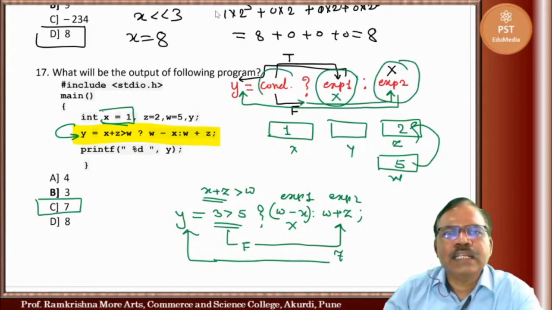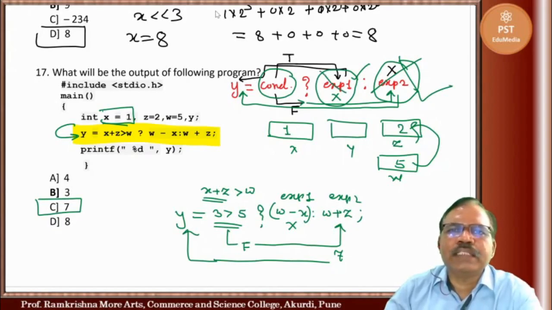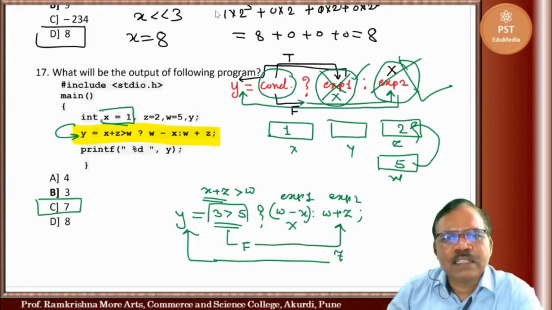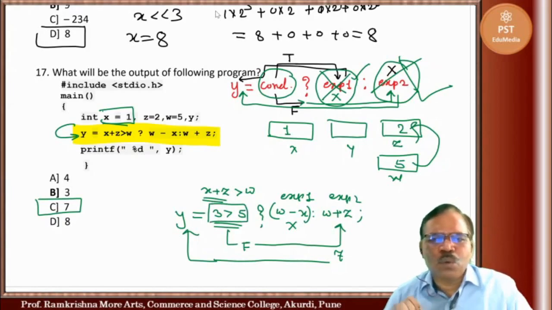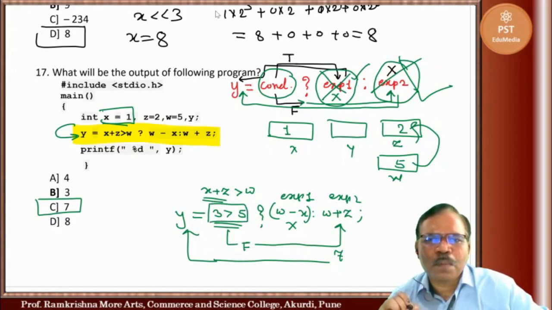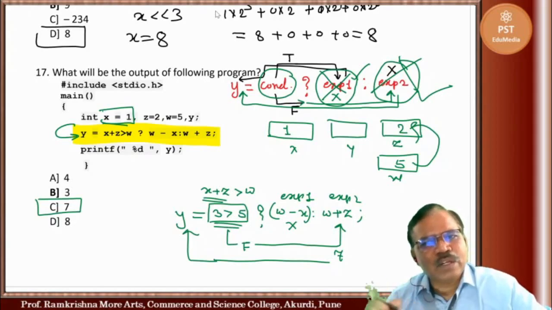When condition is true, expression 1 is evaluated, expression 2 is ignored. And when condition is false, expression 2 is evaluated and expression 1 is ignored. Now what is the condition here? 3 greater than 5. Is it true? False. So it will evaluate what?